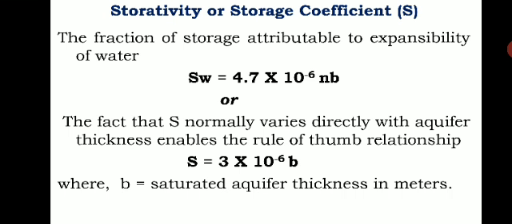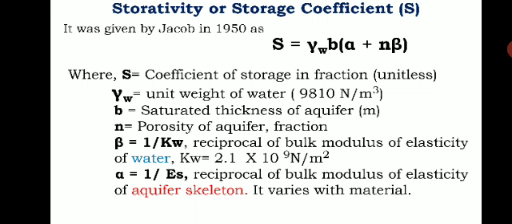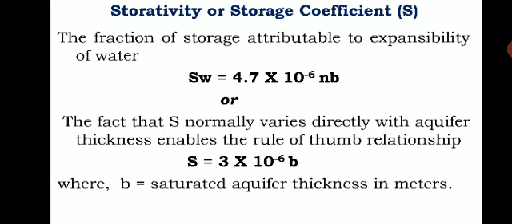Storativity normally varies directly with the aquifer thickness, and it enables a rule of thumb relationship, where you can calculate S as 3 into 10 raised to minus 6 B, where B stands for the saturated thickness of the aquifer, expressed in meters, and n is the porosity.